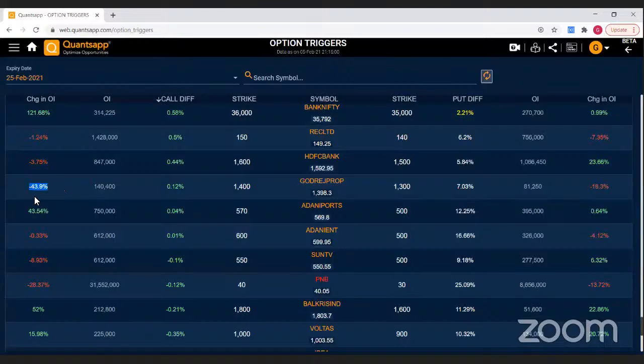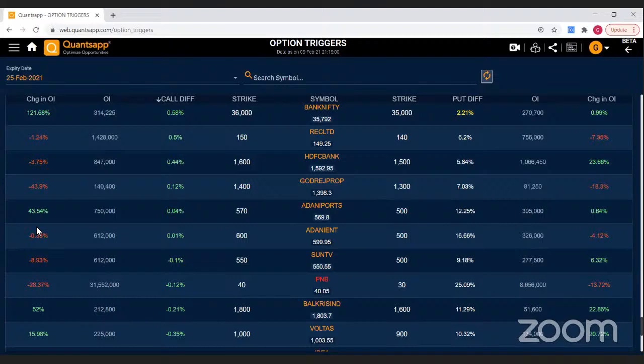They have some sort of fear that the future price might cross the level of 1400 and might go up in a big way. That's why the call writers are showing nervousness. They are unwinding their positions, and there's a decline in OI happening here.